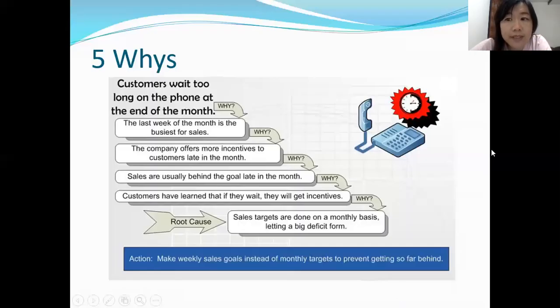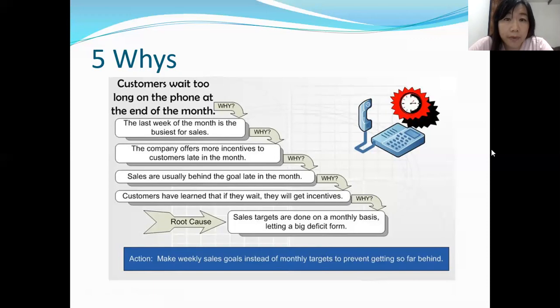If you see this example, the problem is why customers wait too long on the phone at the end of the month. Usually if we use the Ishikawa, we try to identify the root cause from many causes. Is there a problem on the procedure of customer complaints?